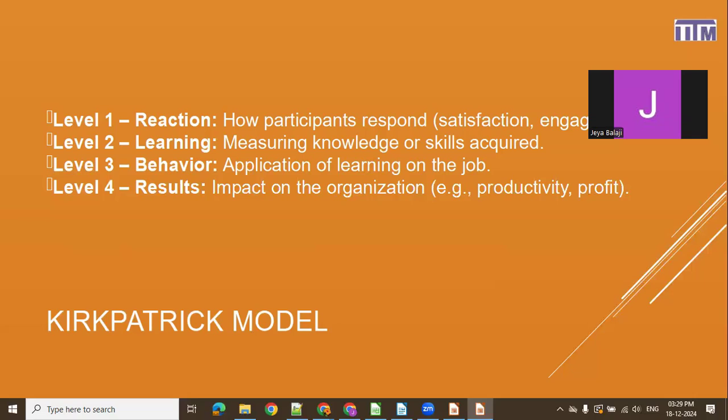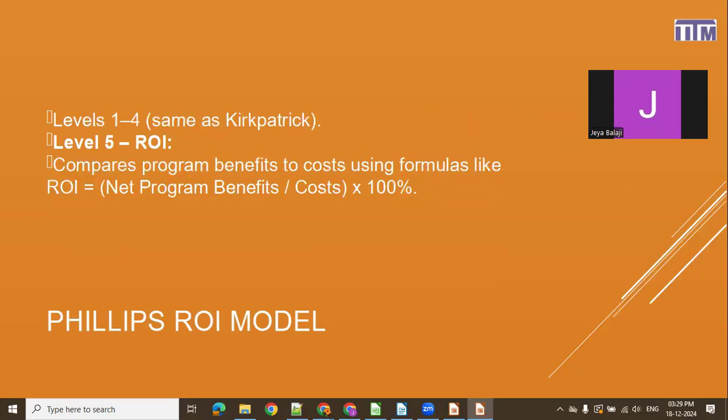One drawback is it doesn't associate the cost factor. So that is a drawback. And the next one, the Phillips ROI model, addresses that particular need. It is an extension to the Kirkpatrick model, where levels 1 to 4 remain the same, and level 5 is the extension, which is the return on investment.